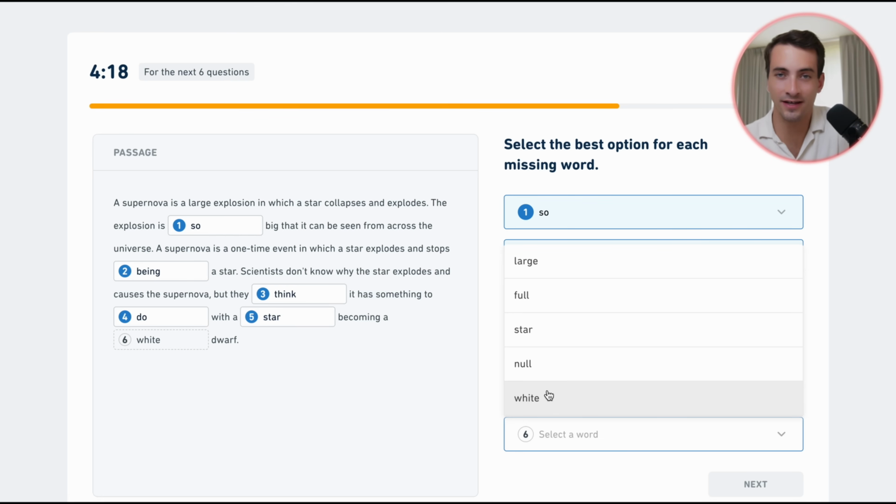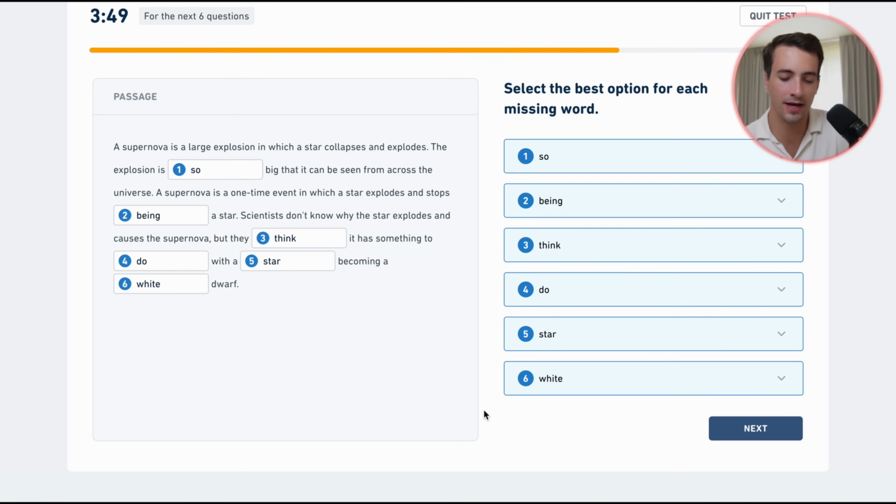But if you've never studied astronomy, which I haven't, I just have maybe seen this mentioned in some article, it's going to be much harder to get this question. So usually on the DET, the questions that you're asked won't require super specific vocabulary like this. However, as you can see, sometimes you will be expected to know a term like a white dwarf.